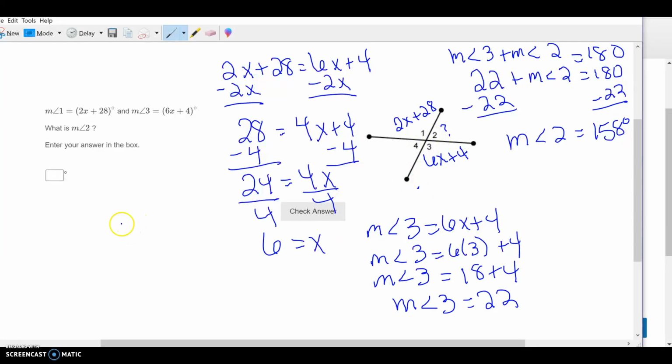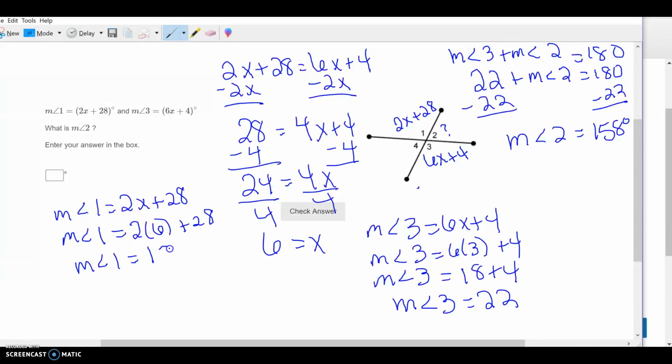So it says plug in for angle 1. Measure of angle 1 equals 2x plus 28, right? Measure of angle 1 equals 2 times 6 plus 28. Measure of angle 1 equals 12 plus 28. 12 plus 28 equals 50.